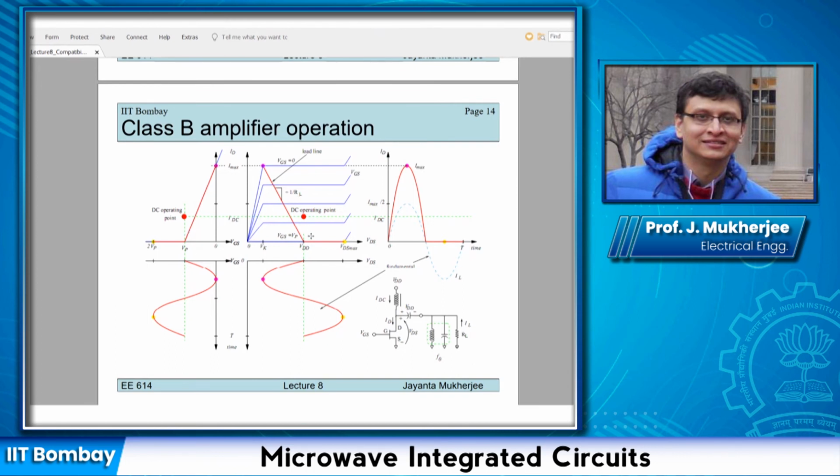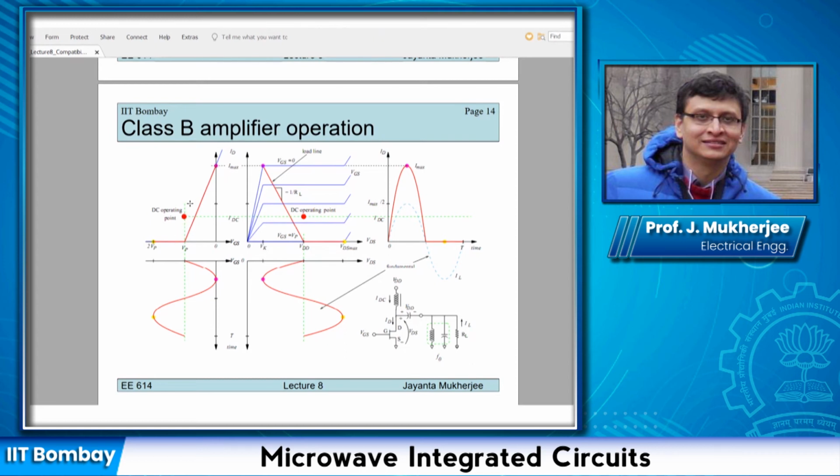Correspondingly, I also choose my DC operating point for VDS such that the output at VDS also conducts only for 50%. So what I mean is, say my DC operating point for VGS is this point.